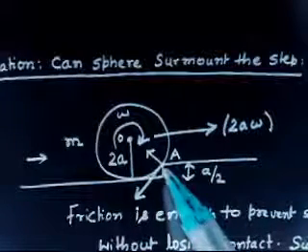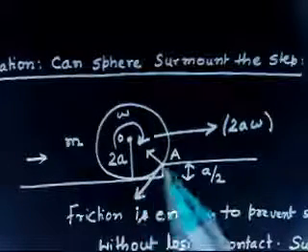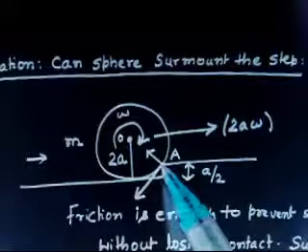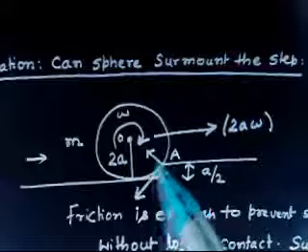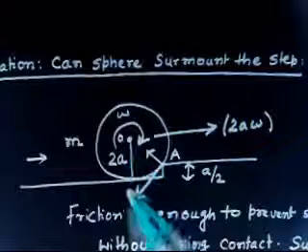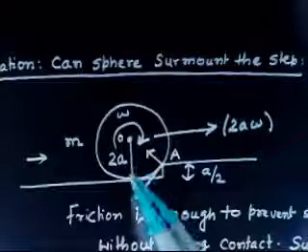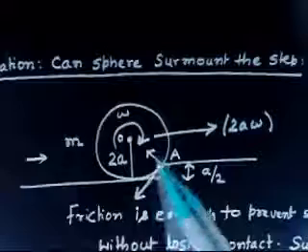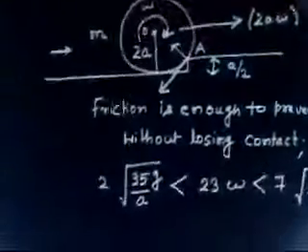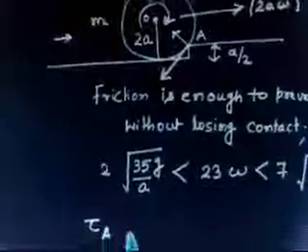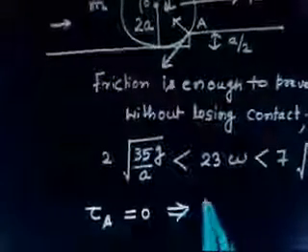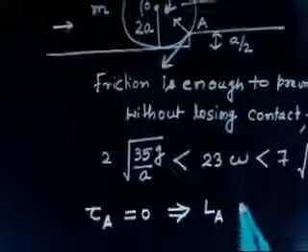Now if you consider this point, these are impulsive forces, friction is impulsive and normal reaction is impulsive, but this passes through point A. So this means these forces are not going to contribute any torque about this point. The torque of mg is limiting in nature, so I can neglect that torque. So the torque of impulsive forces is 0 with respect to point A. So I can say the torque about A is 0. So this implies angular momentum about A is conserved.